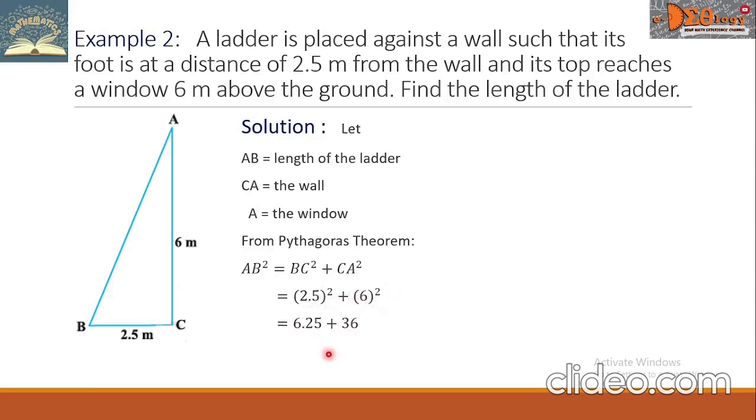The square of 2.5 is 6.25, plus 6 square is 36, and the total is 42.25. But we want the AB, so we will take the square root of this value, and the answer is 6.5. Thus, the length of the ladder is 6.5 meters.